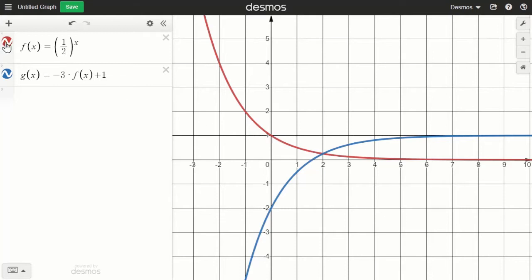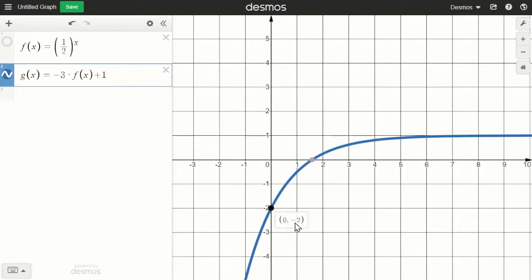I think it's better that I hide the original parent function, so that the grid comes out more easily for us to recognize. The horizontal asymptote is at y equals 1, that horizontal line. And the y-intercept seems to happen right at (0, -2). And we have a horizontal asymptote at y equals 1.